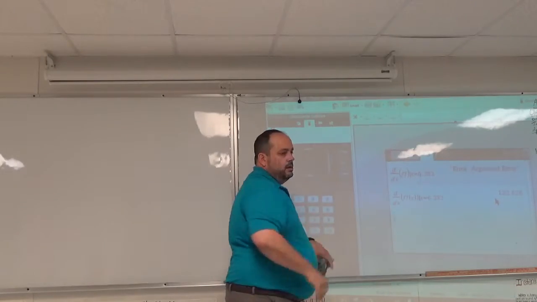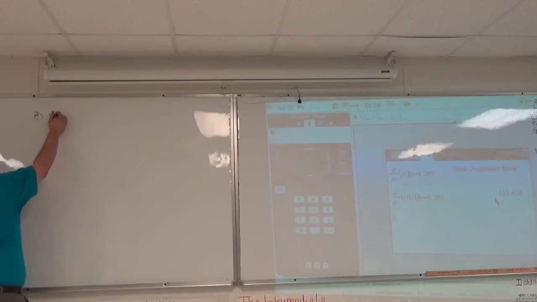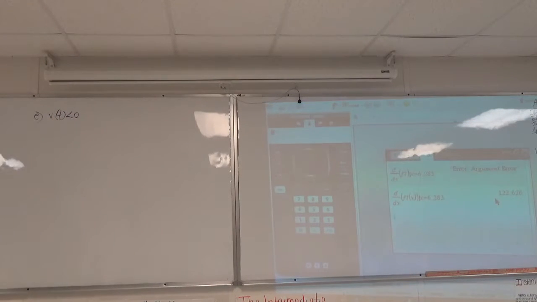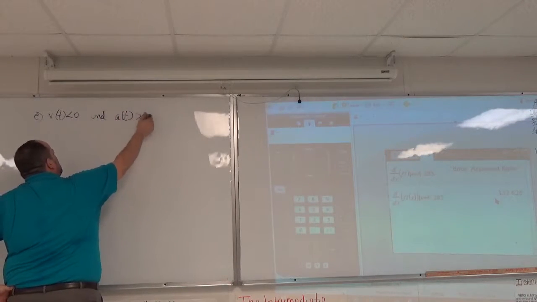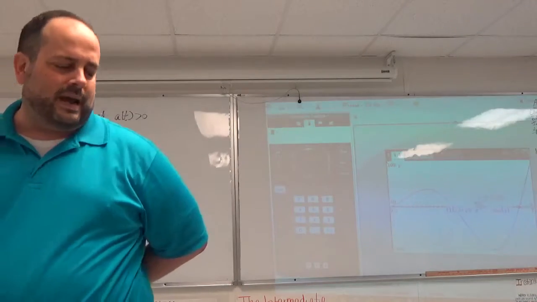All right. I need velocity negative and acceleration positive. How would I ever figure that out on the graph?